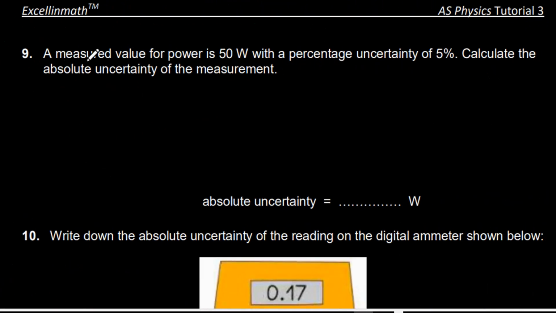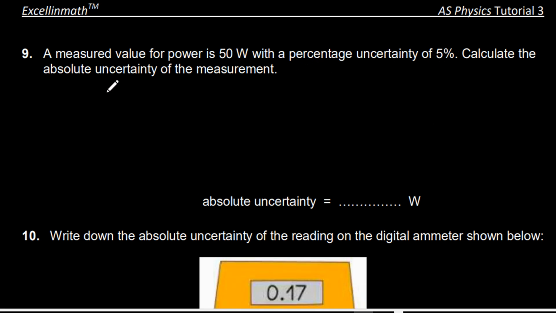In question 9 it says a measured value for power is 50 watts with a percentage uncertainty of 5%. Calculate the absolute uncertainty of the measurement. We know that the symbol for power is capital P, and we are given its percentage uncertainty.